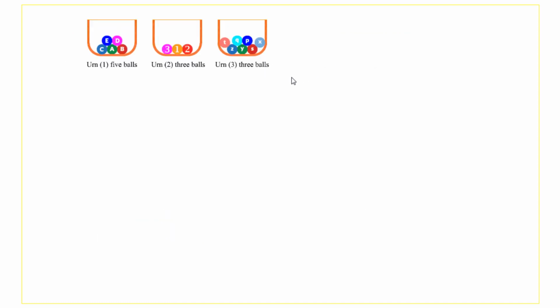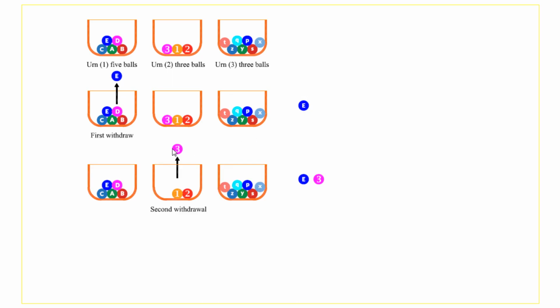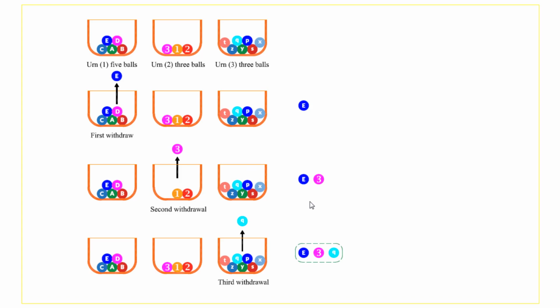Finally, let's look at the multiplication principle in case of 3 events. So we have the first urn, the second and the third, and each one contains a few objects. So now we are going to withdraw from the first urn, and we write down here E, and we withdraw from the second urn, object 3, and we write it down here, and we withdraw from the third urn and we write the name of the object here.